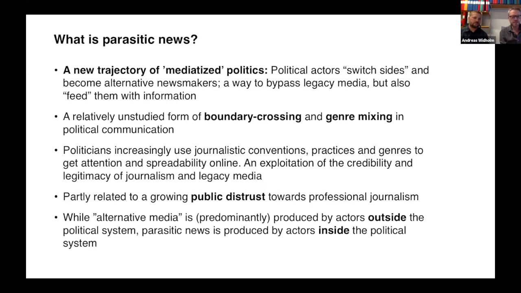In some cases, it's also a way of exploiting a growing public distrust towards the media through production of so-called alternative news. However, we make a distinction between alternative media, which usually is connected to actors positioned outside the political system, and parasitic news, which we see as something produced by actors inside the political system.